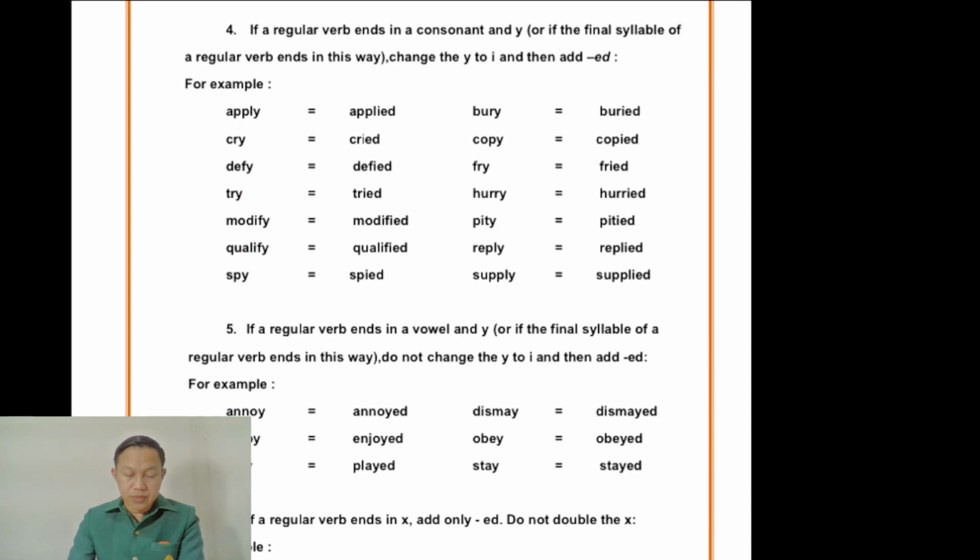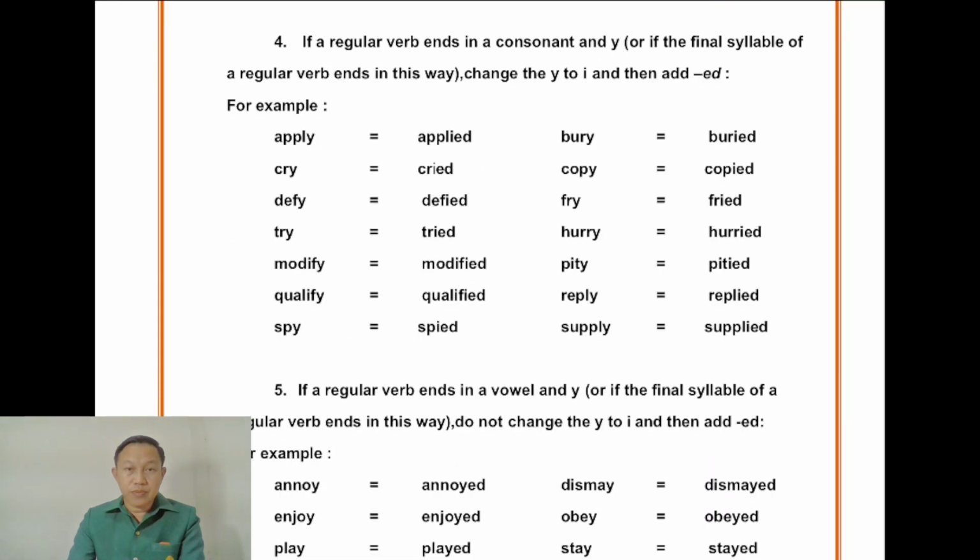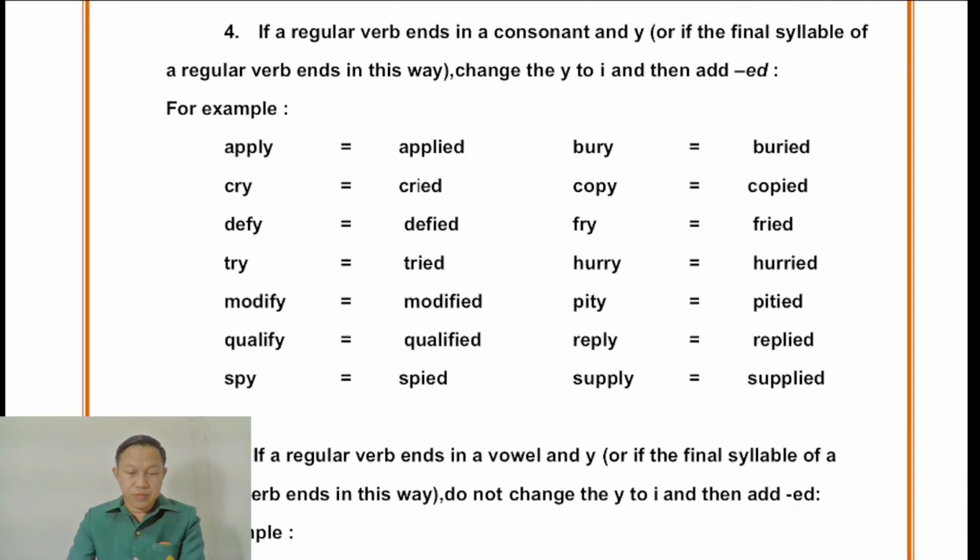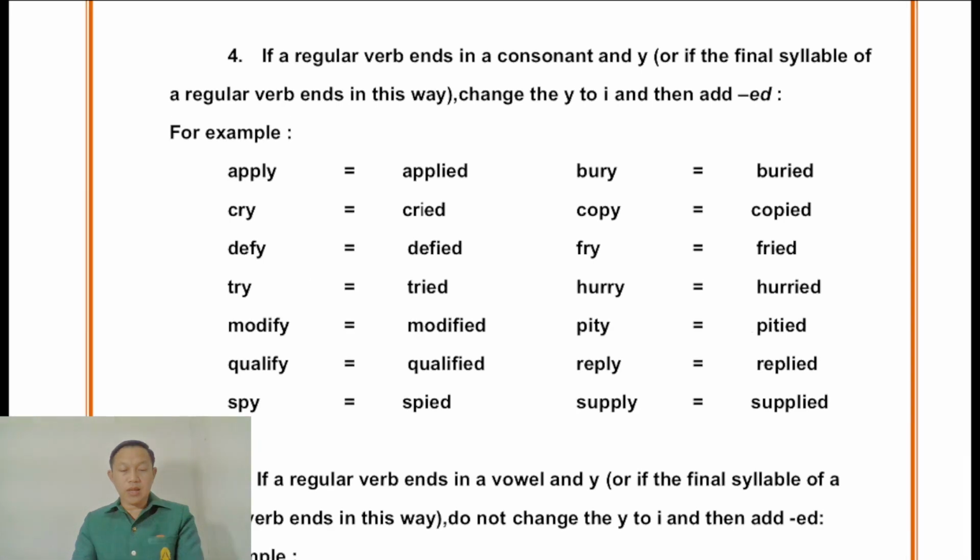Now, rule number 4. If a regular verb ends in a consonant and y, or if the final syllable of a regular verb ends in this way, change the y to i and then add ed.